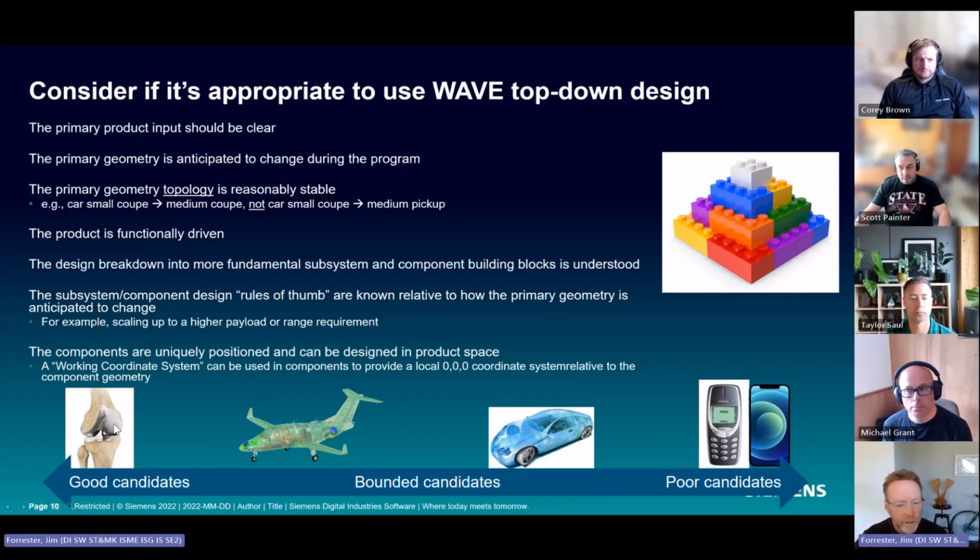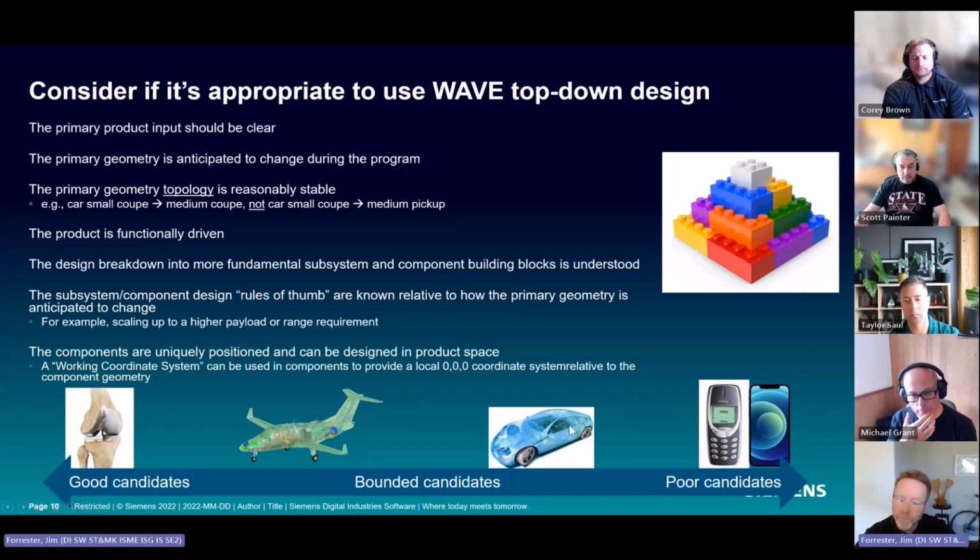So I have kind of down here a spectrum, good candidates. Here's a replacement knee, 100% function driven. The geometry is known, and so on and so forth. So this is a very good candidate here. An airplane, very much function driven, some styling.